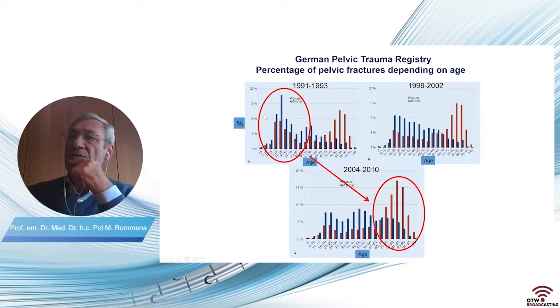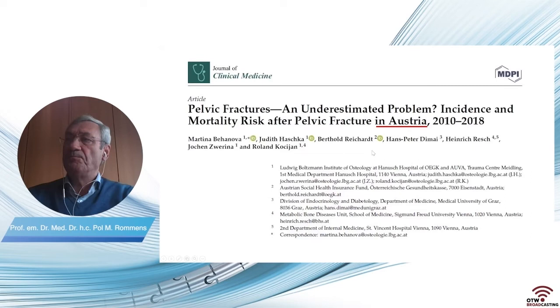And you see in the first period, 91 to 93, that the majority of the pelvic fractures occur in young men, excuse me. And in 2004 to 2010, there is a clear shift towards older women. So in a period of 20 years, we face a totally different patient population.